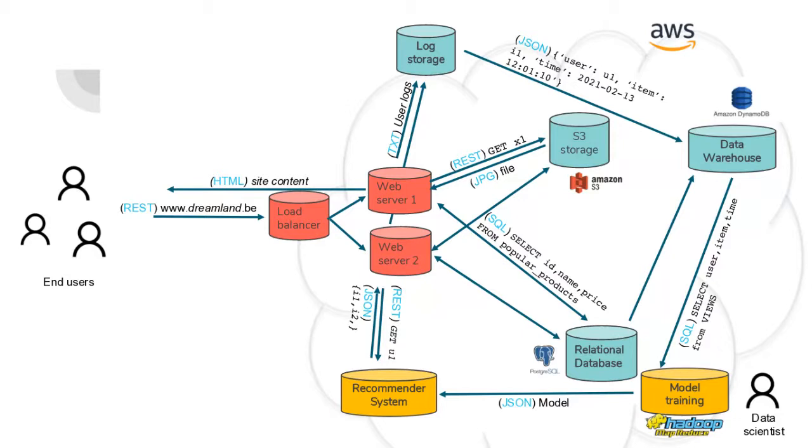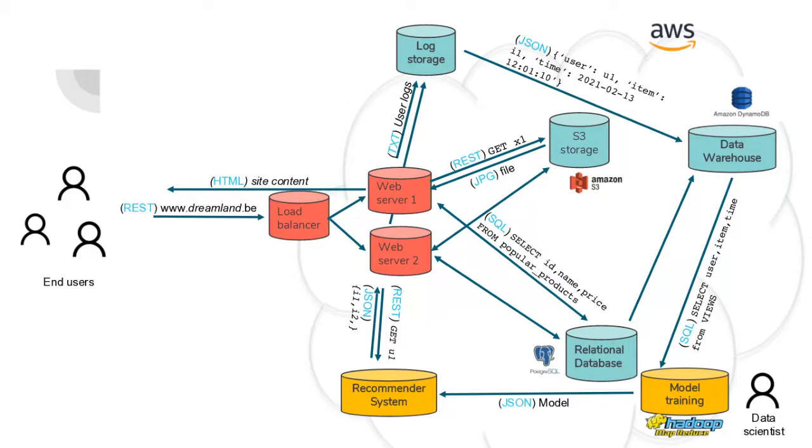So another thing the web server does is get all the data it needs to create the web page. So one thing it needs is to get all the images, all the pictures of the different products. So it might get those from S3 storage. So the web server will make a request to another server, which is hosted by Amazon S3 in this example.